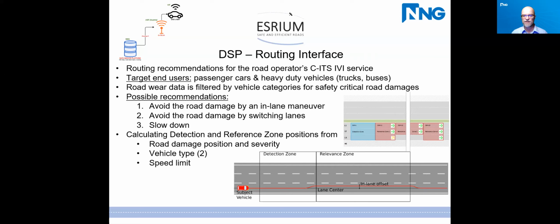These recommendations will be implemented using the C-ITS IVI specification, where we will use all available information: road damage position and severity, vehicle type. Actually, we will have these two categories, heavy-duty vehicles, buses, and passenger cars, because of the actual limitation of the standard, and also the speed limit.